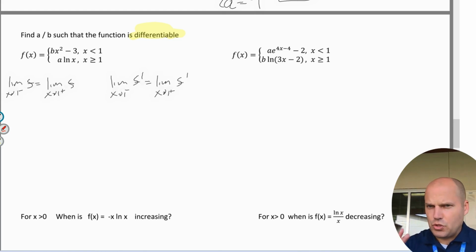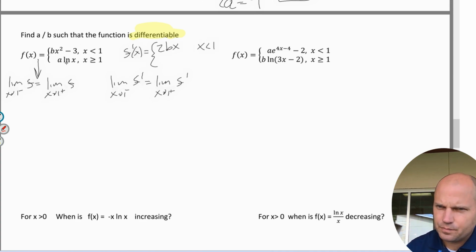Now, two things to check, which means this one right here is going to help us with that. And we should have an equation for the slopes of f. Well, it's a piecewise function, so the slopes are going to be piecewise as well. We'll have the slopes of bx squared minus 3, which are 2bx minus 0 because the slope of 3 is 0.